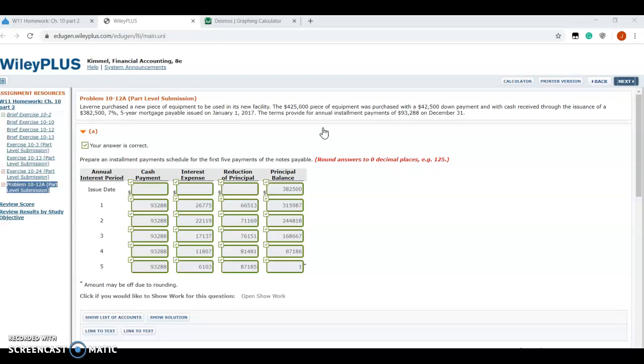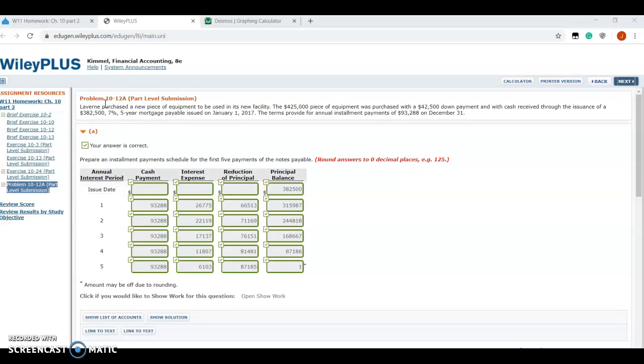Alright, so first we're given some information about a piece of equipment that we're purchasing for $425,000, which we purchased with a $42,500 down payment. Basically, that information is useless because you take the $425,000, subtract the $42,500, and you get $382,500, which is the mortgage payable that we're going to be using.